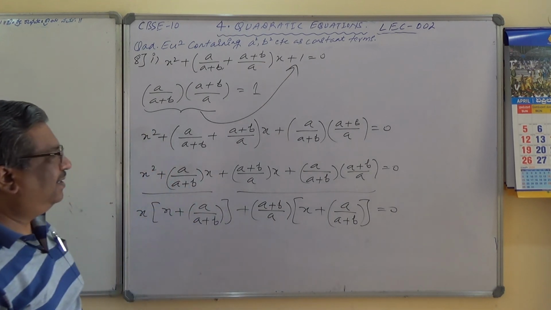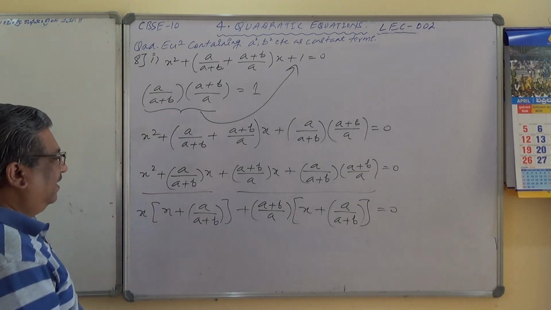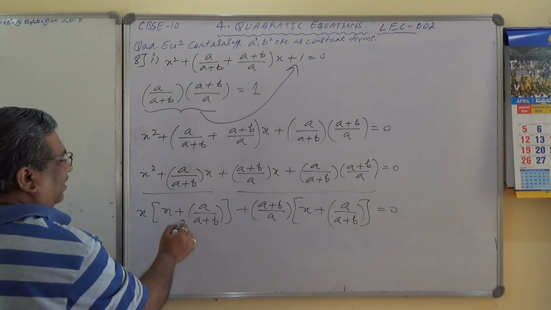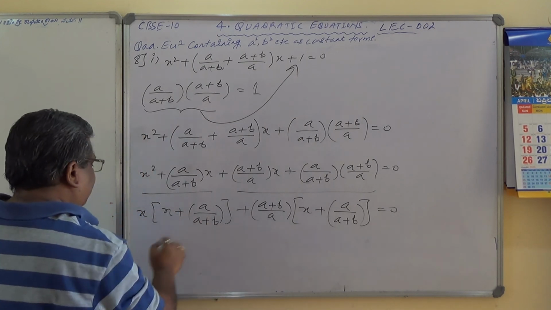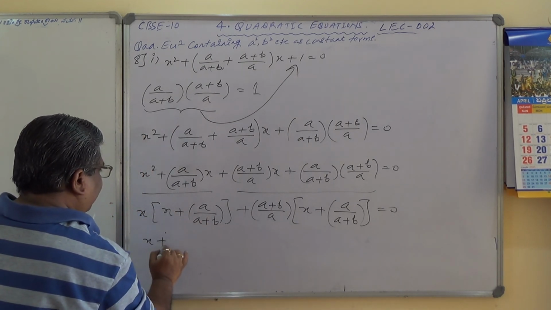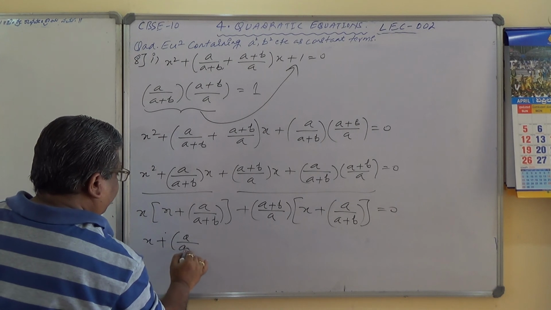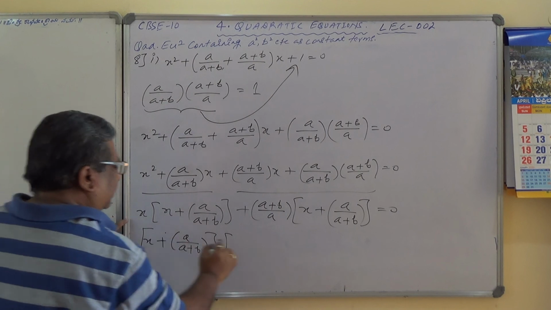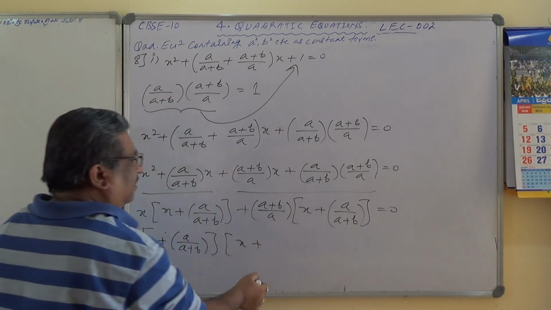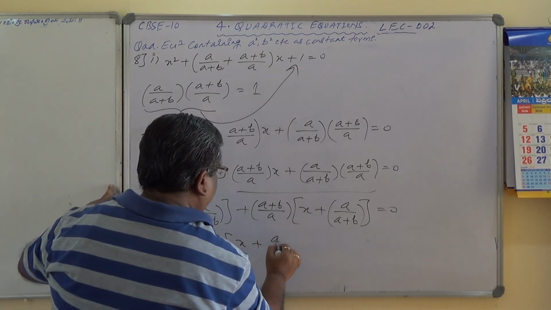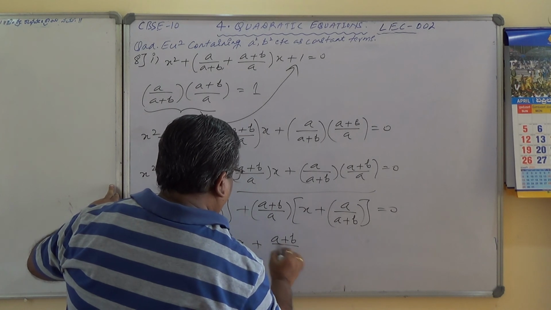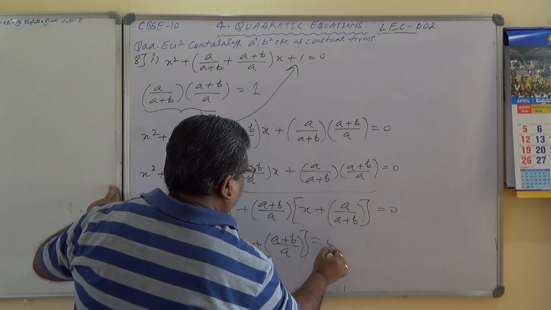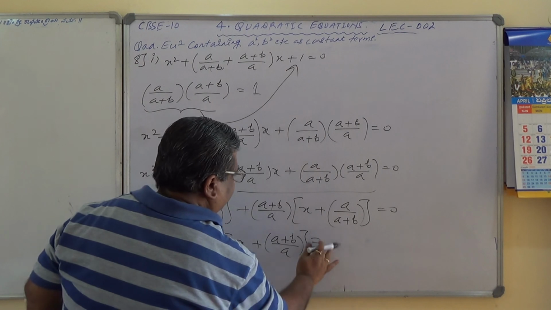Check that. Is it correct or not? So now this is common here. So x plus a divided by a plus b is common. Remaining is x plus this has come out, a plus b by a equals 0.